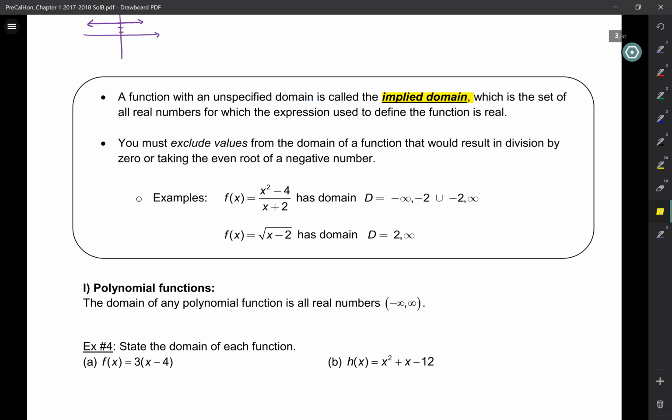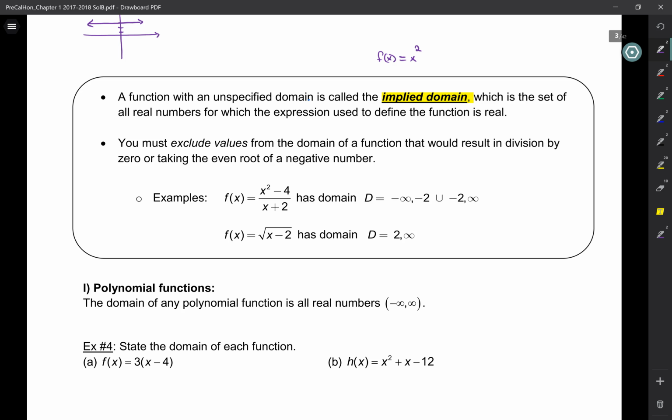So for example, if we have f of x equals x squared, and I put in a 1, do I get back a real value? If I put in 100? How about negative 100? Is there any number that when I put it into x, I don't get back a real value? Not really.